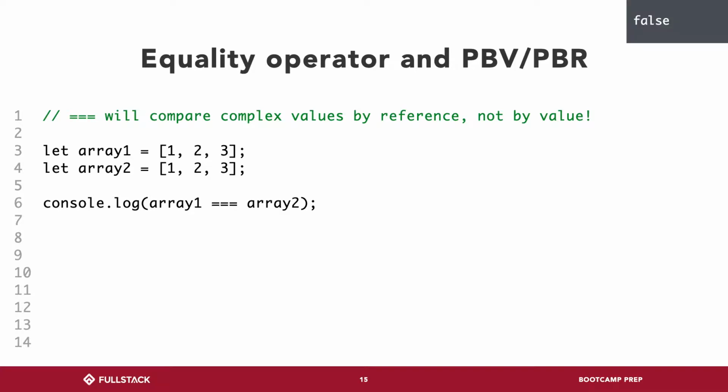I never use double equals because you never know what you're going to get. Even if you do a string of 1, double equals number 1, that returns true as well, which is bizarre because they're just not the same thing. So yeah, use triple equals all the time. That's the best advice I could give you.